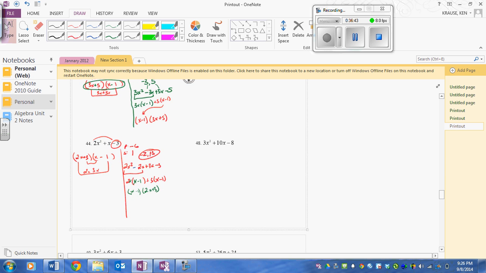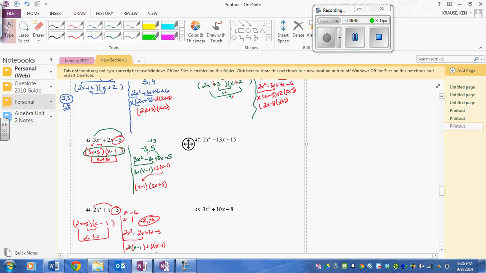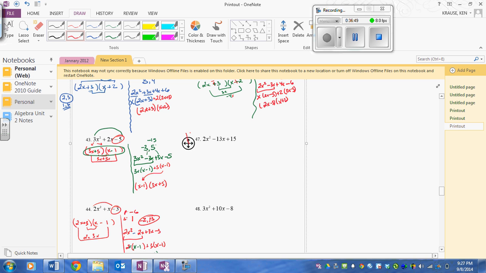Let's see, almost. Alright, so 2x and x. I'm just going to put a 5 and a 3 in, so let me put a 5 here and a 3 here. That's 15. That's 3.